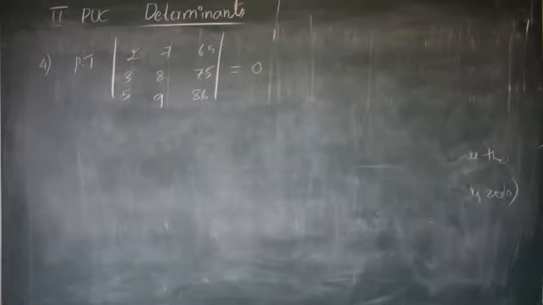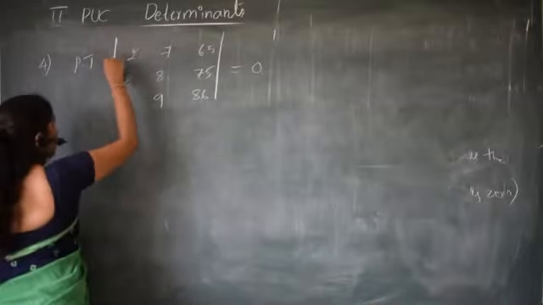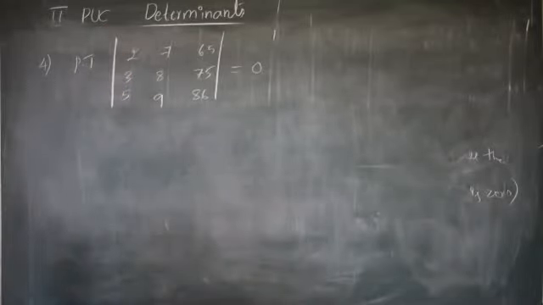We have to prove this is equal to 0. Now you may think I can directly expand, but the question is, without expansion, using properties, we have to show this is equal to 0.